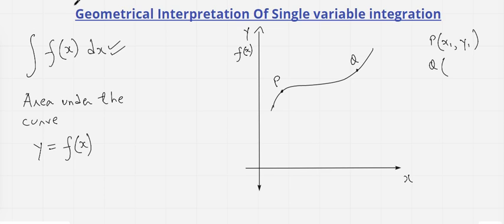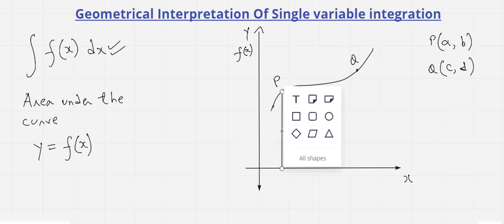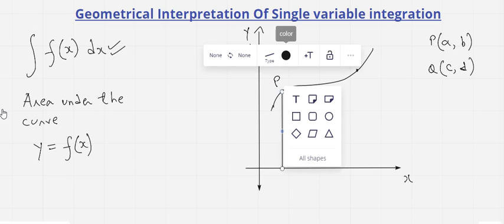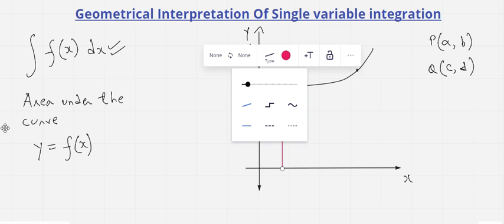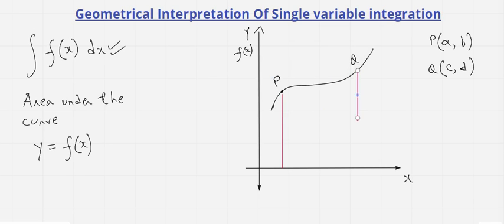Instead of taking these variables, I say that the coordinates of my P are A and B, and the coordinates of my Q are C and D. Now I'm going to project from point P and point Q onto my x-axis, and that's how it looks.